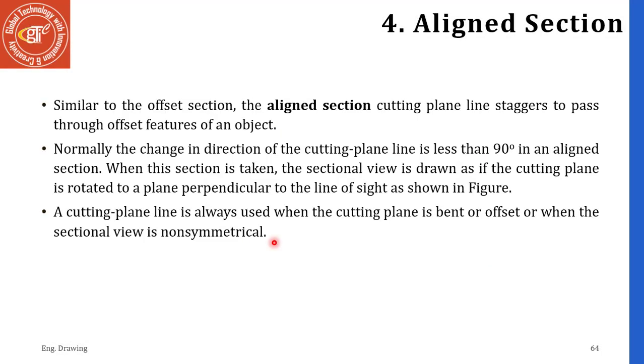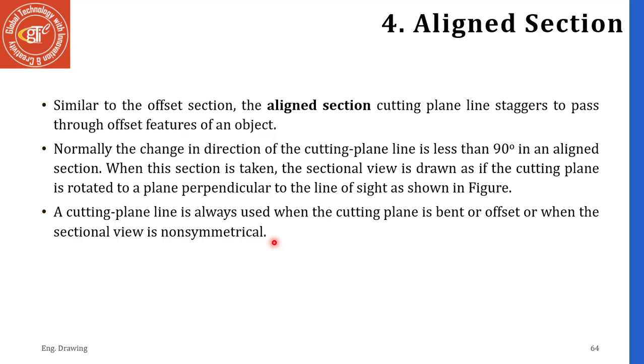Aligned section view. Similar to the offset section, the aligned section cutting plane line is bent to pass through an offset feature of an object. Normally the change in direction of the cutting plane line is less than 90 degrees in an aligned section.